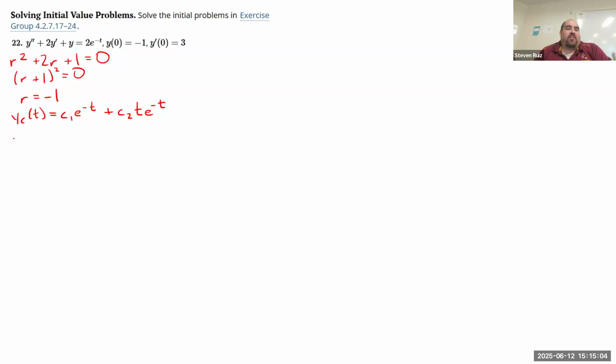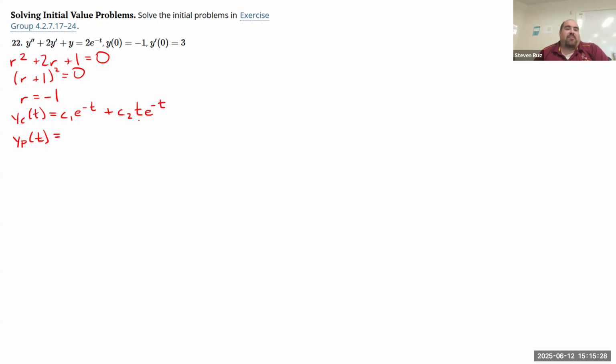So what form do I want the particular solution to take? Well, that also has the form of a constant times e to the negative t. So I cannot let my particular solution interact with my complementary solution. So I don't want it to be a multiple of either of those parts.